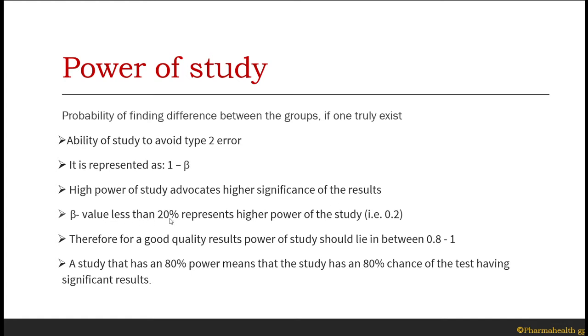A beta value less than 20% represents higher power of study. 20% beta means 0.2. Based on beta value 0.2, if we calculate the power of study, which is 1 minus beta, then the power of study will be 0.8, which will be considered as 80% power of that study.